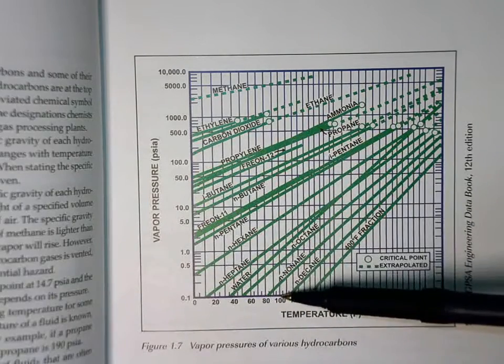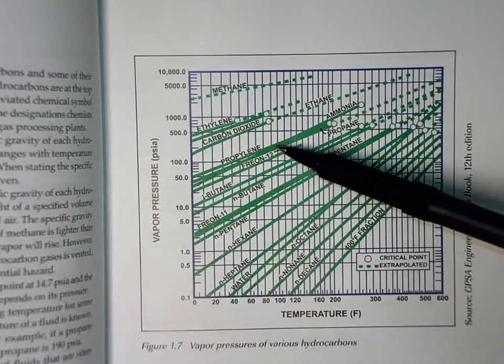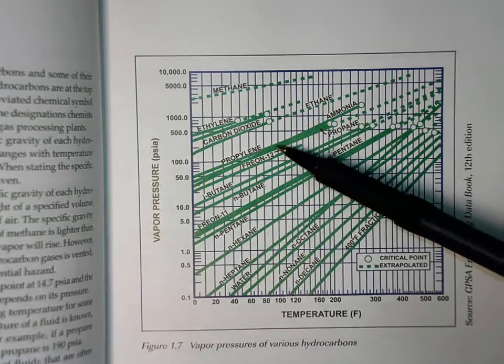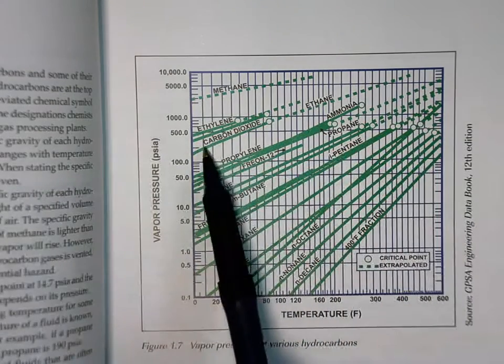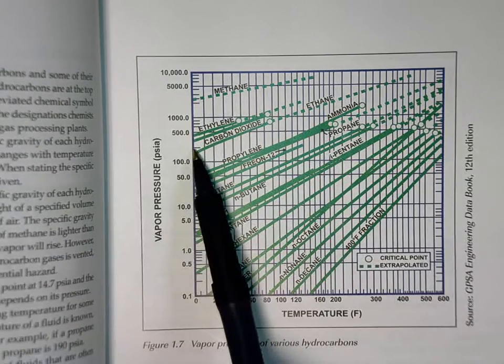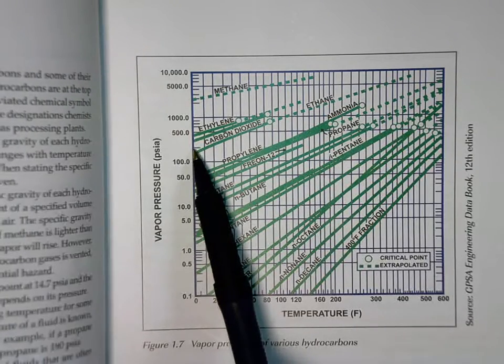If you go up 100 degrees, follow that line up to the propane line. Oops, I went past it. There it is. Propane line, 100 degrees. Then you follow that straight back over to the vapor pressure line. If you can read a logarithmic scale, you can see, as the book says, that's 190 psi.